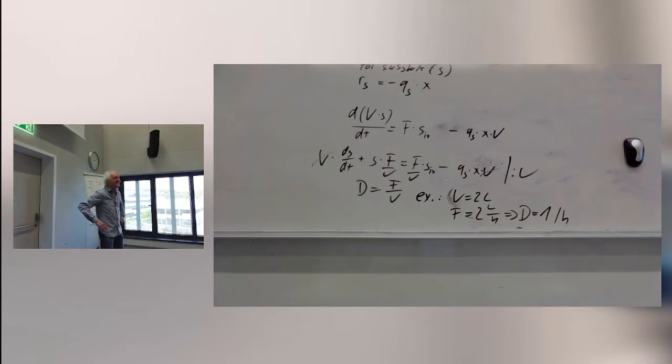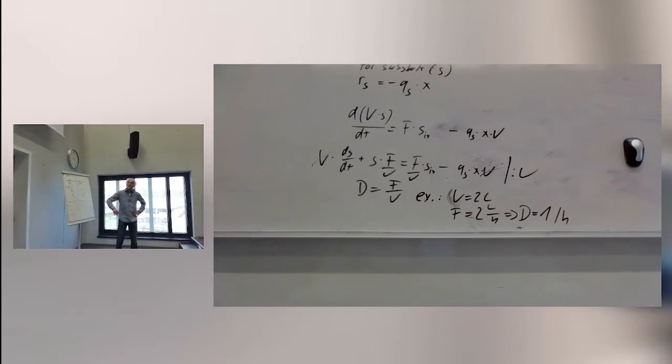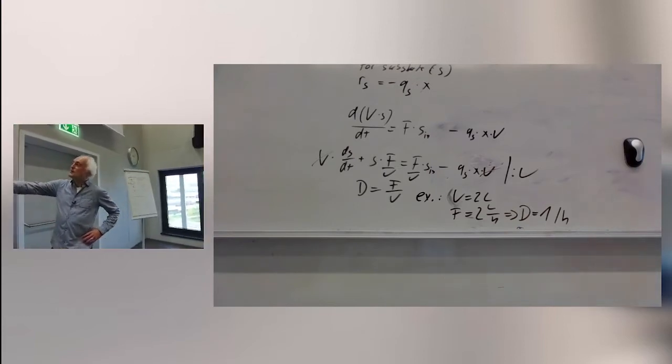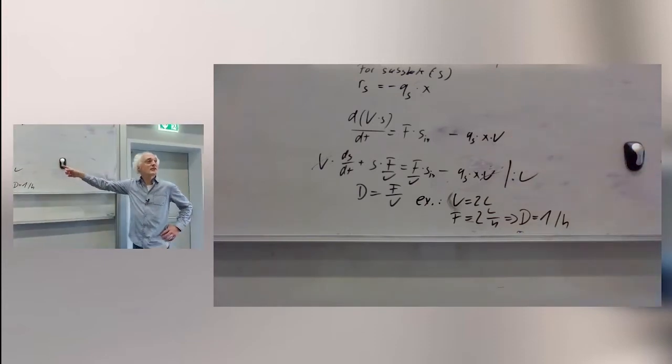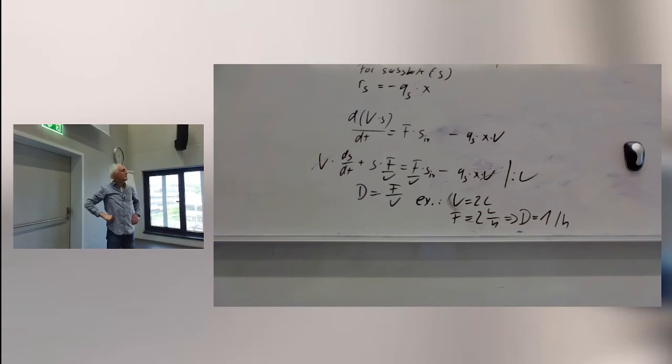What is the difference between S and S in? A good idea is to start with this equation here, because there you can still see it comes from the first differential equation.